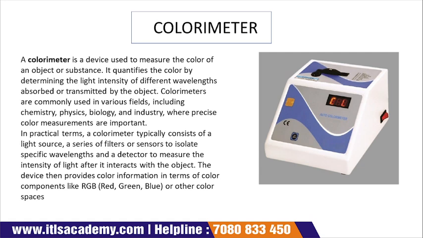In practical terms, a colorimeter typically consists of a light source, a series of filters or a sensor to isolate a specific wavelength, and a detector to measure the intensity of light after it interacts with the object. The device then provides color information in terms of RGB, like red, green, blue, or other color spaces.